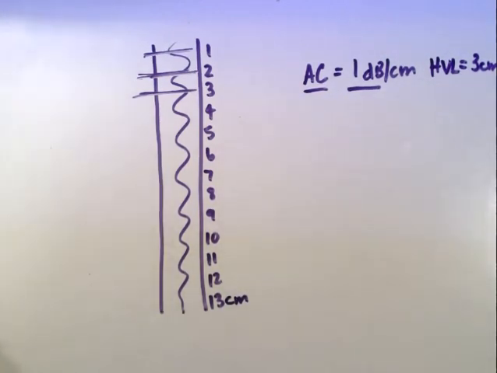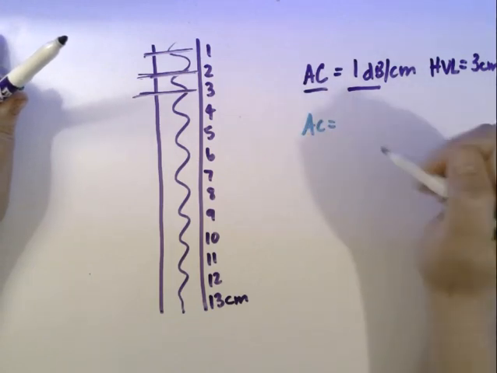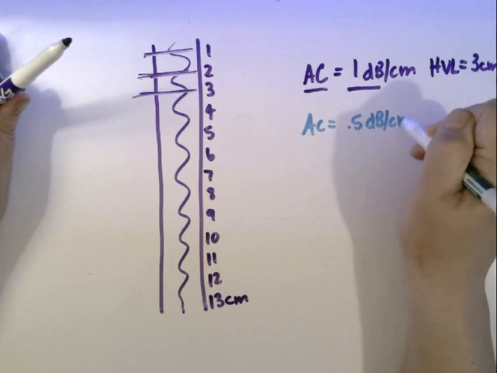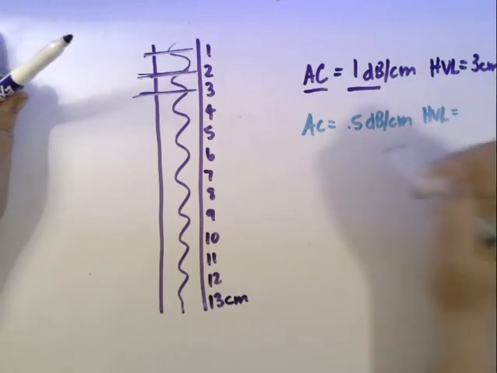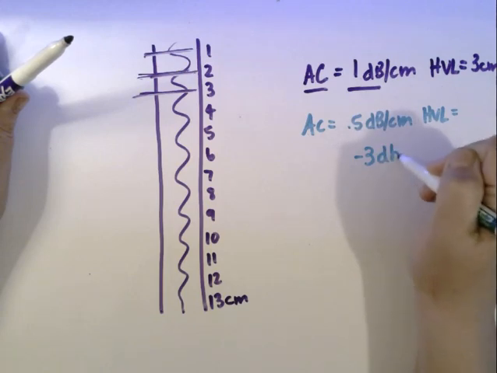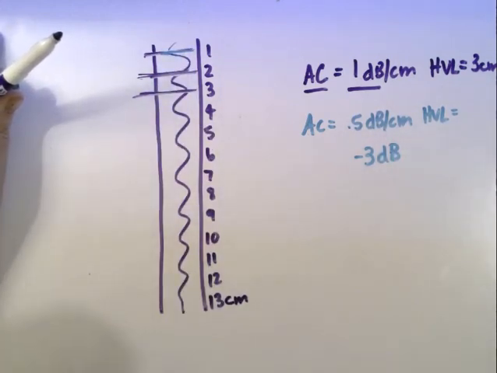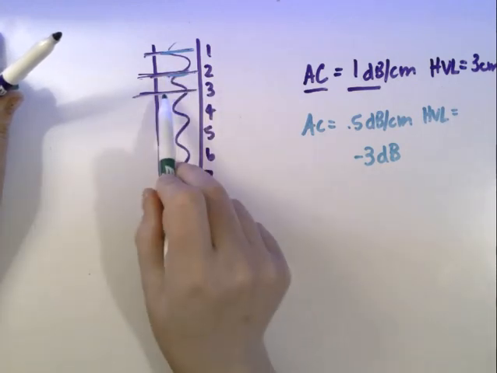Let's try another one. The attenuation coefficient is, we'll say, 0.5 decibels per centimeter. Now we want to know what the half value layer thickness is. When are we going to get to negative 3 decibels? At 1 centimeter, we are at 0.5 decibels. At 2 centimeters, we're at 1 decibel.